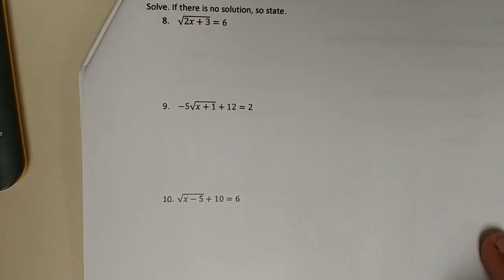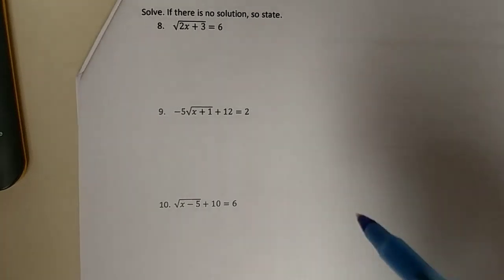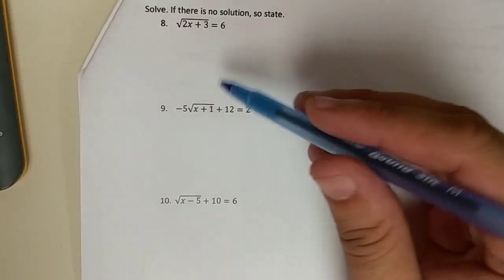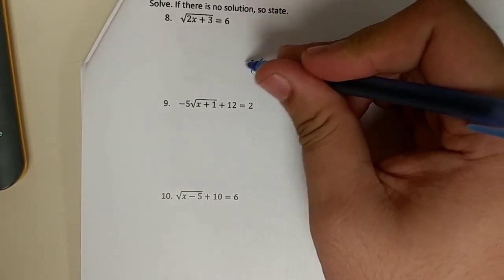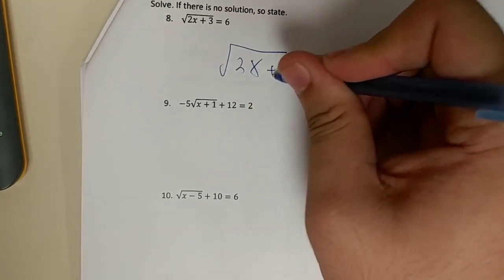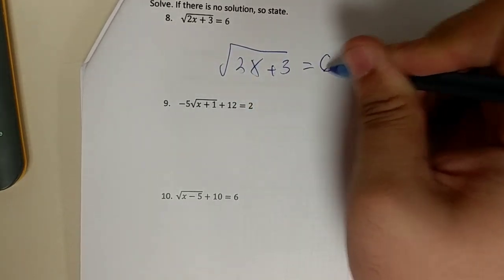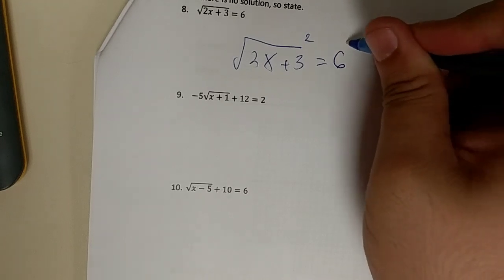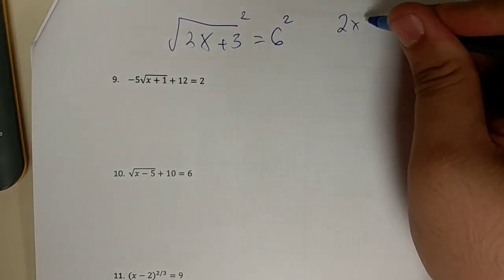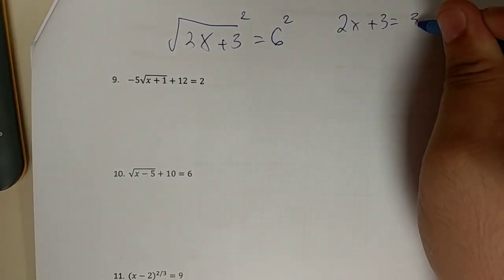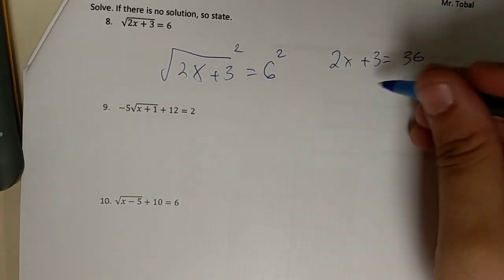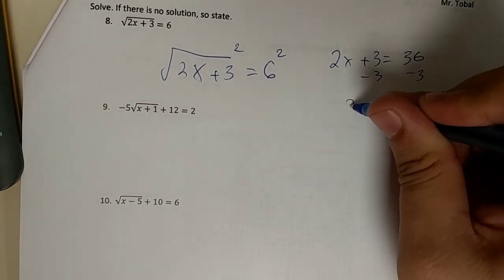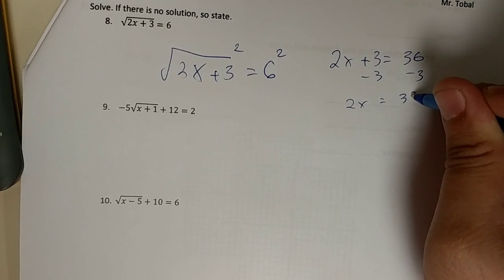Solve. If there's no solution, so state. So we have to get the square root away. So to get rid of the square root, you have to do the opposite of square root. That's squaring. So square both sides. I have 2x plus 3 equals 36. Minus 3, minus 3. 2x equals 33.